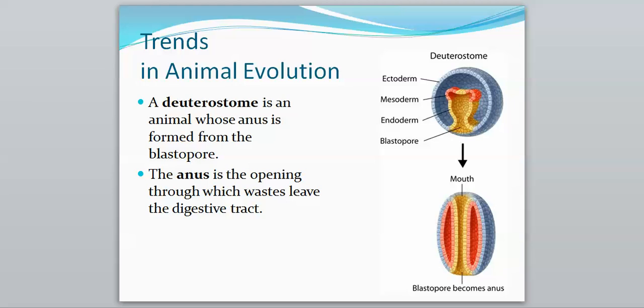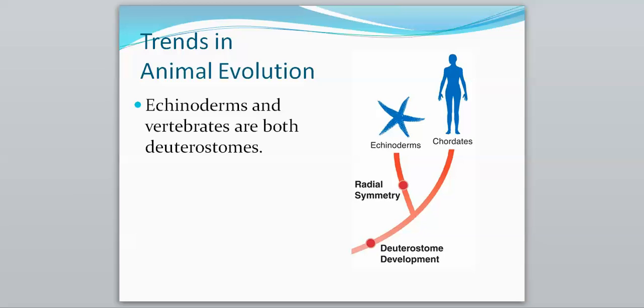And this one is interesting because one group that we're going to talk about later is echinoderms, and those invertebrates are considered to be deuterostomes. We are vertebrates, we have a backbone, and so if we look here over the course of time, this group of invertebrates might actually be the most closely related to the groups of vertebrates.